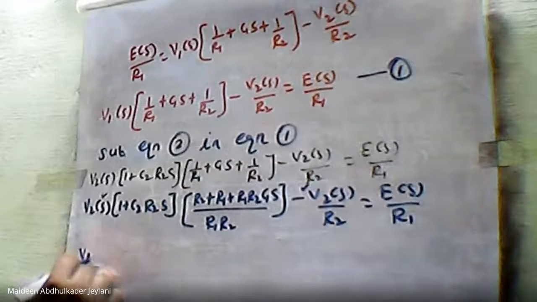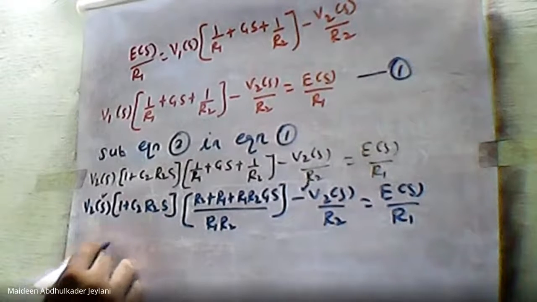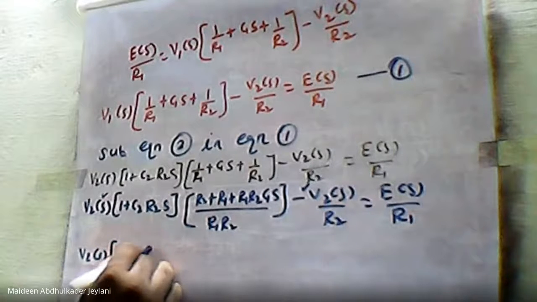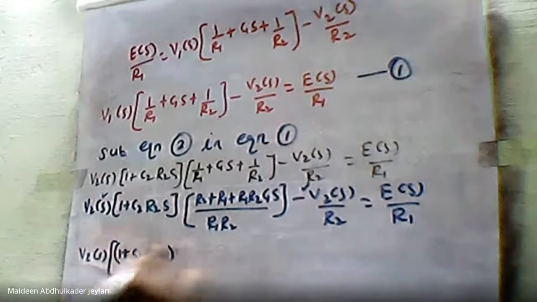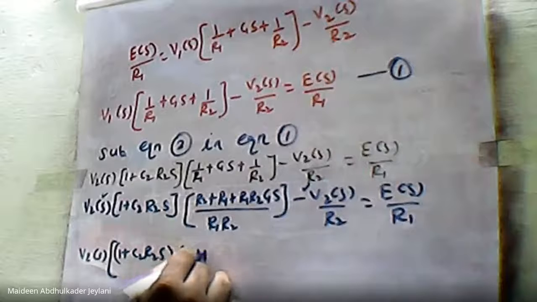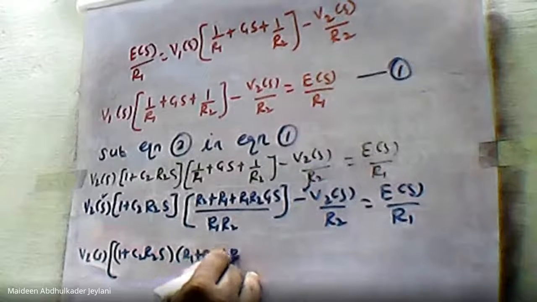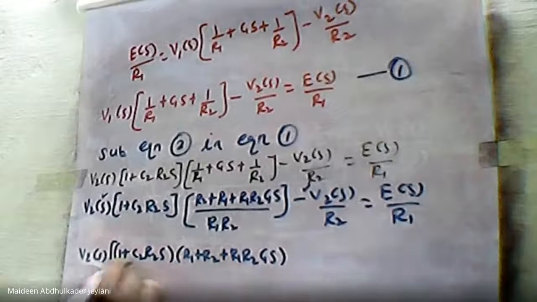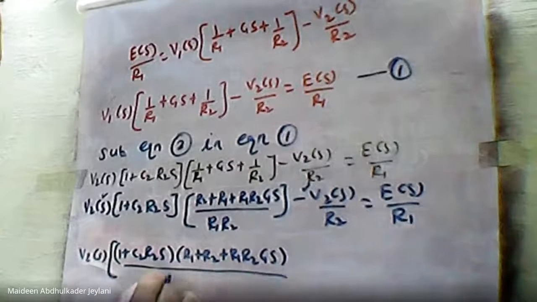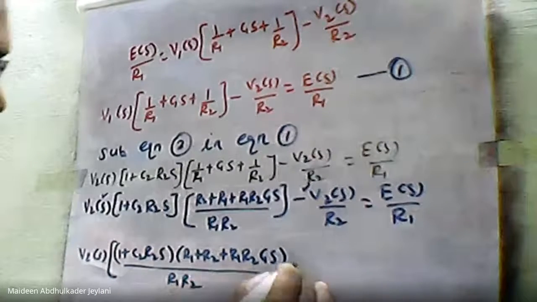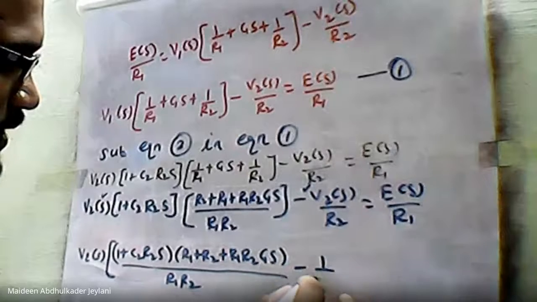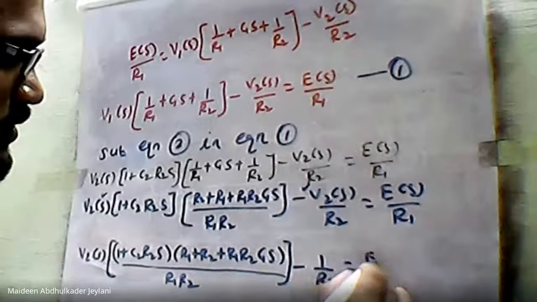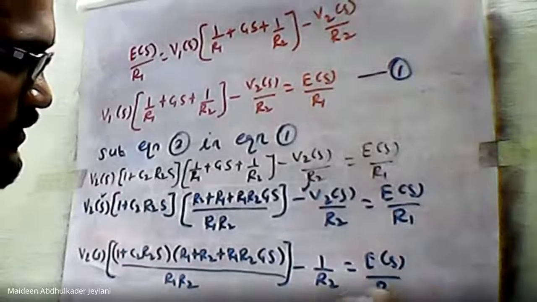Take your V2 of S outside. 1 plus C2 R2 into S, okay, R1 plus R2 plus R1 R2 C1 into S divided by R1 R2 minus 1 by R2 equal to E of S divided by R1.